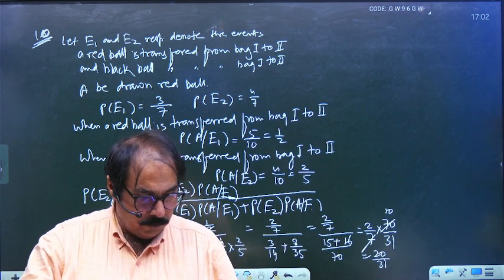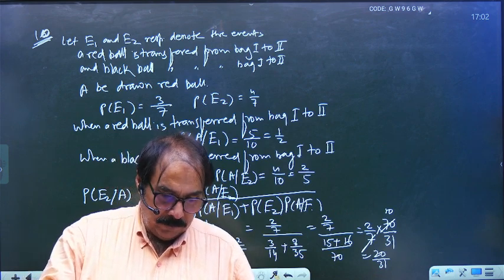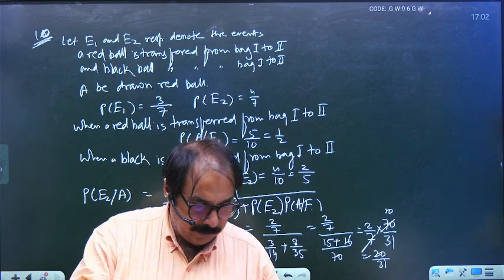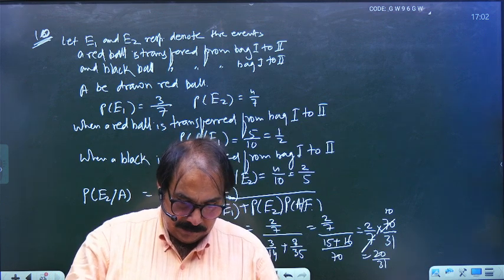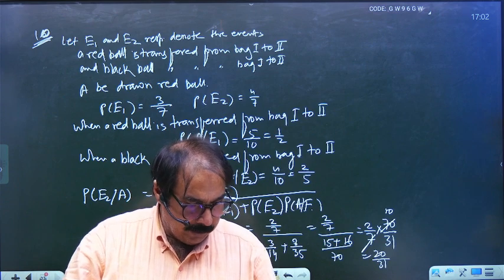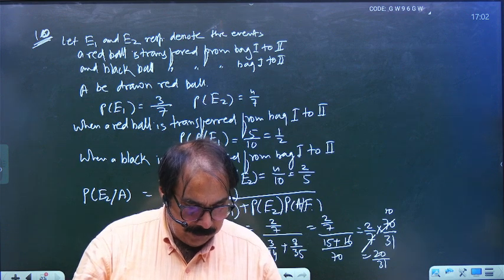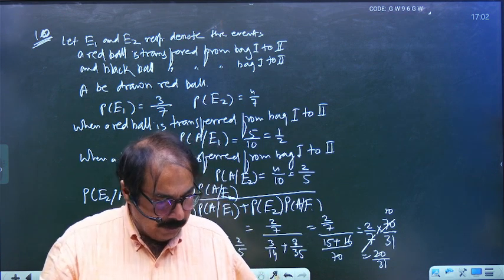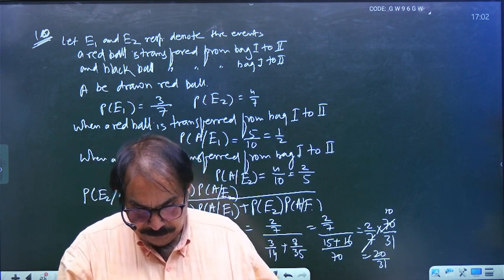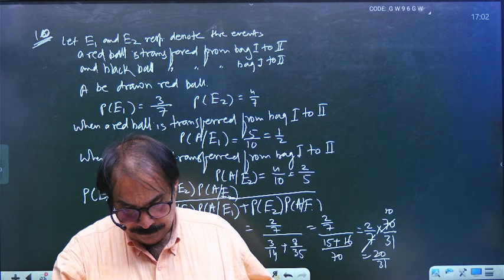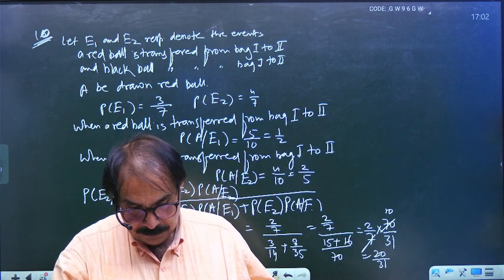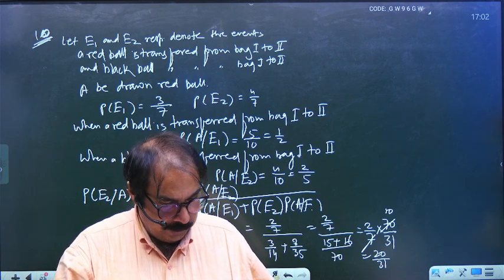Now the next questions are true and false and MCQ, choose the correct answer. This is also included in the syllabus. The probability of A and B are two events such that probability of B by A is 1, then A is a subset of B. This is the correct option.